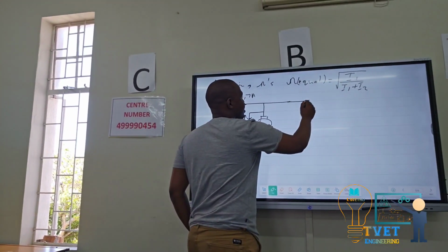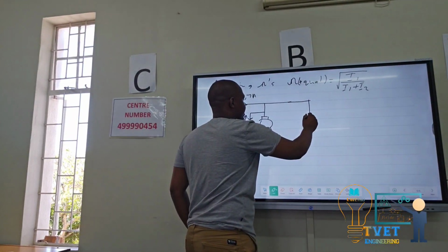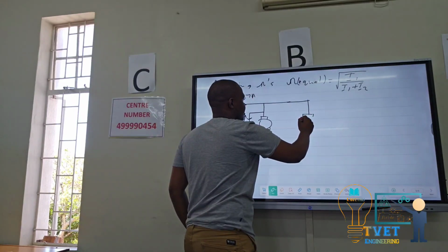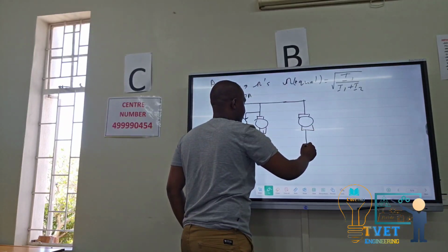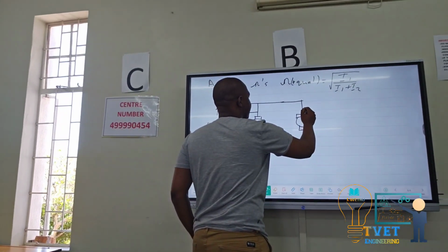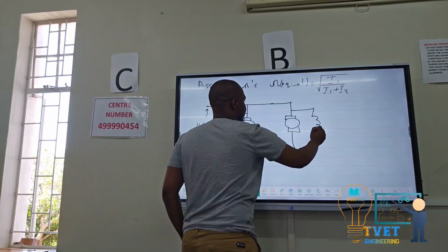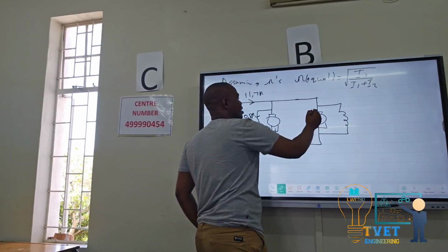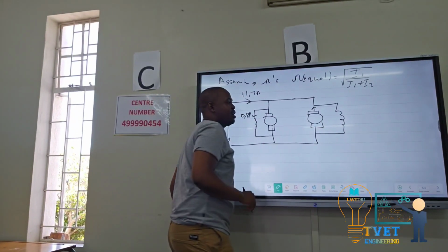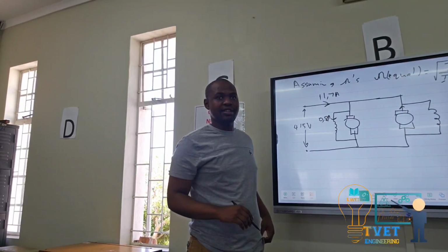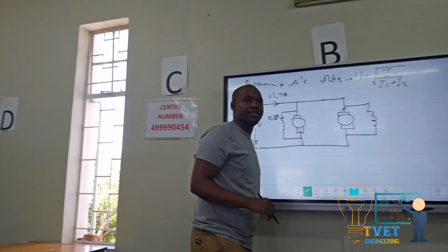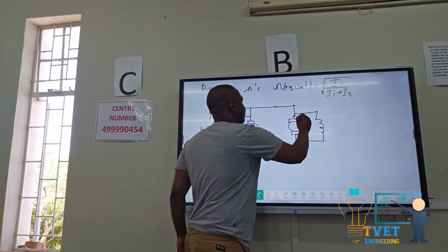Then we do the generator. In terms of the shunt generator, I am given the armature current of 35.